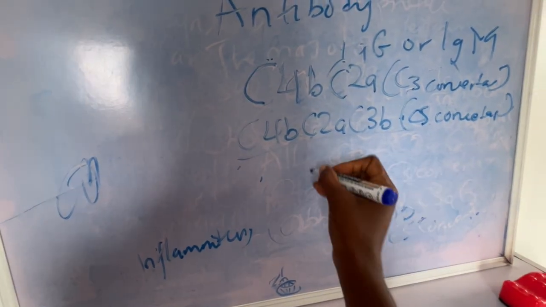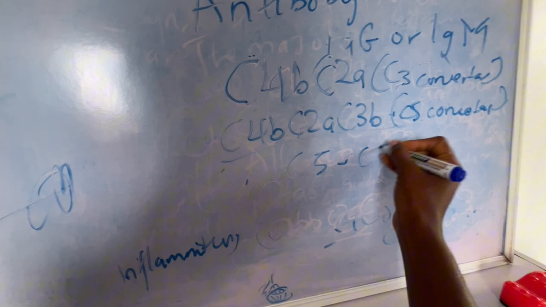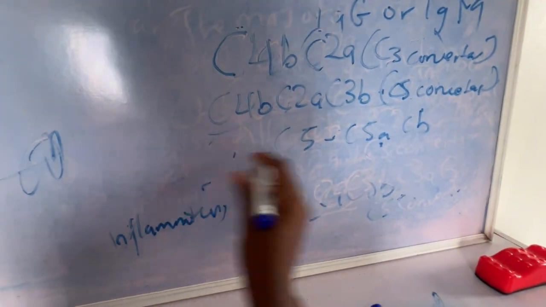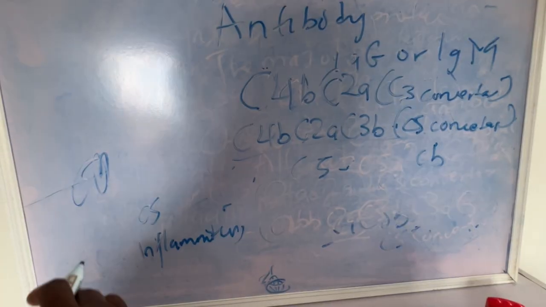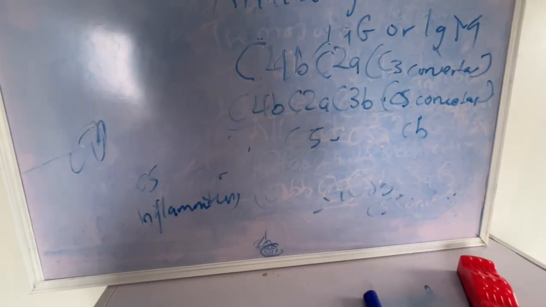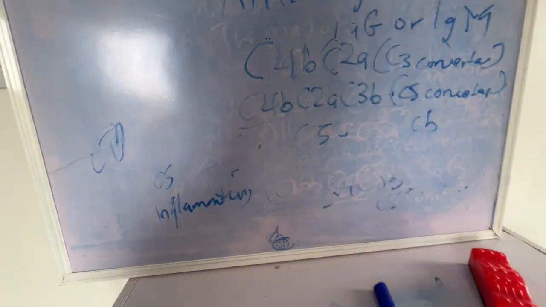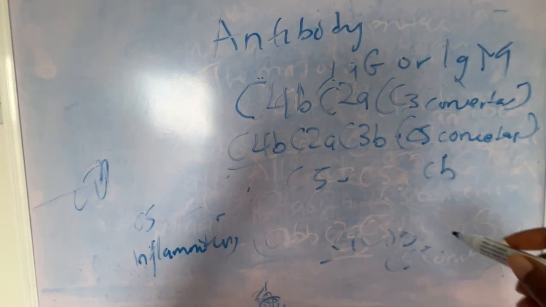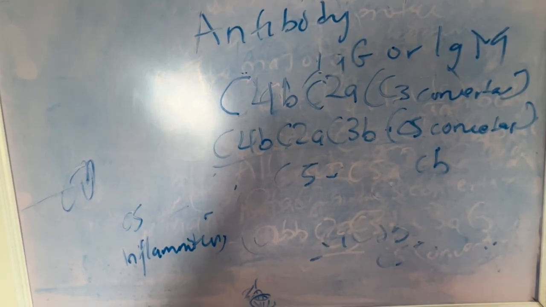Their work is to cleave C5 into C5a and C5b. C5a moves down into the surrounding tissues and does the same work as C3a. It's also an inflammatory molecule and anaphylatoxin that enhances inflammation. This C5b now goes ahead to bind C4b, C2a, C3b to become C4b, C2a, C3b, and C5b.